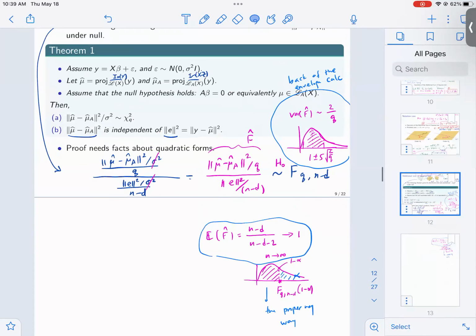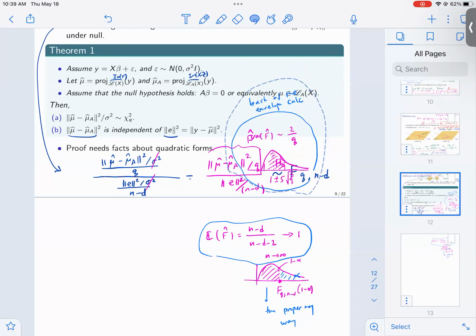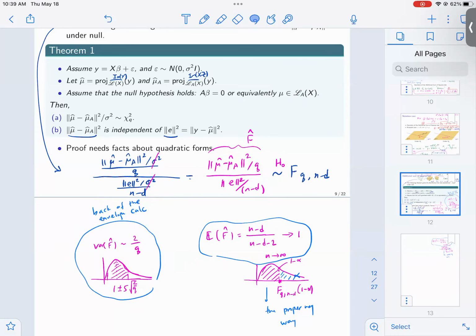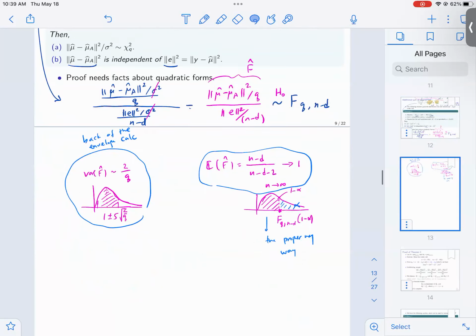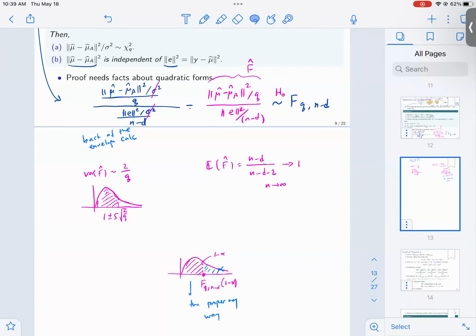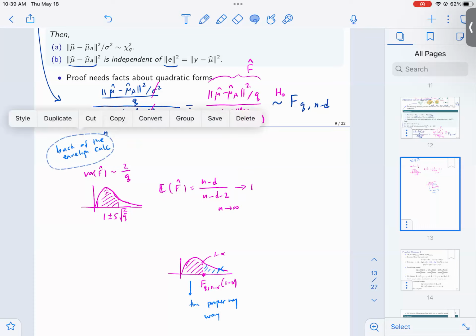Now this is nice actually. So this is the back of the envelope calculation, right?